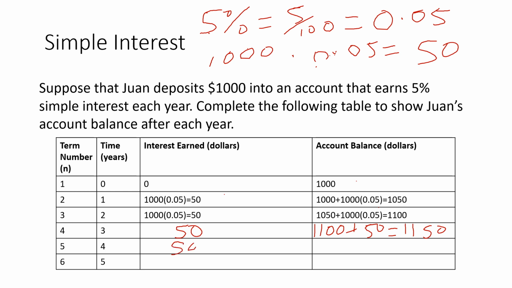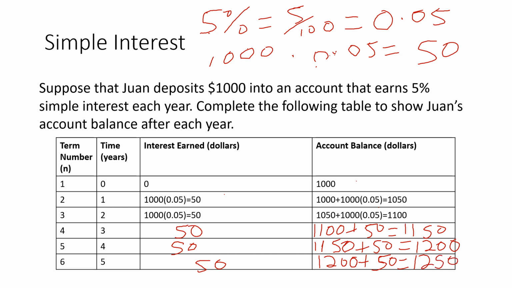Then another 50 becomes 1,200, and then another 50, and so on.